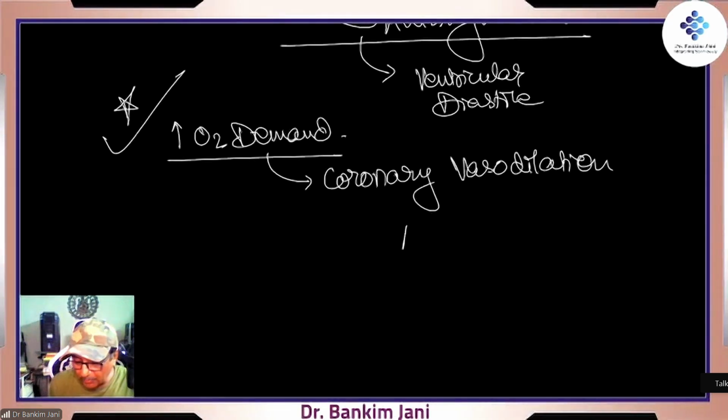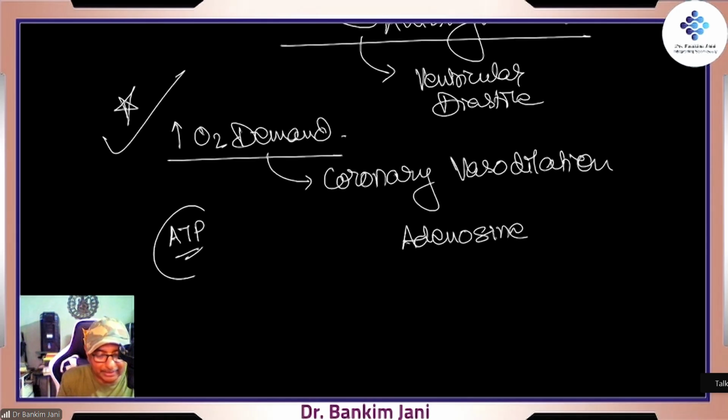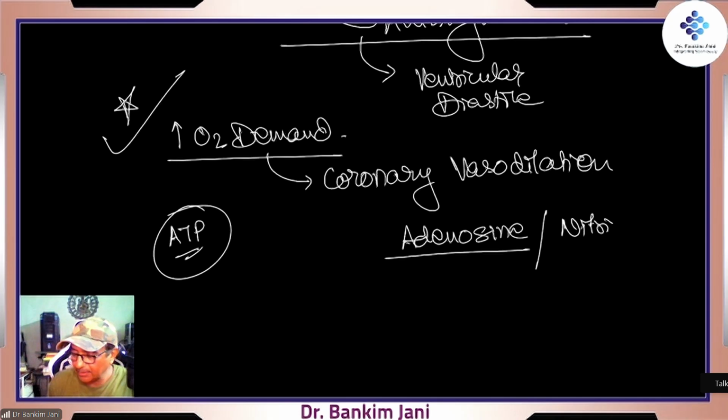Two things: one is adenosine, because adenosine triphosphate is needed, and second is nitric oxide. Those who go to the gym must have noticed that many times they say to take nitric oxide. It is available in powder form. They are vasodilators, but local vasodilators.